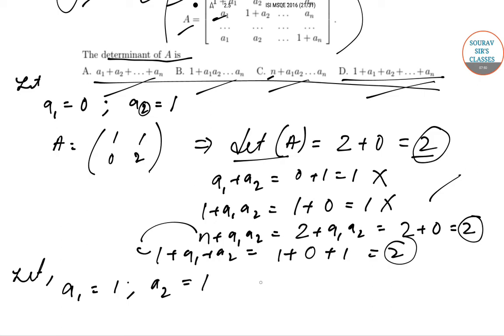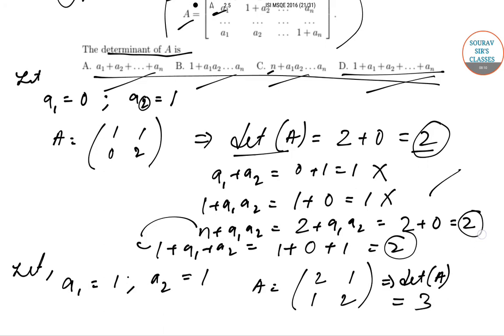In that case, the matrix A will be 1 plus A1 equal to 2, A2 equal to 1, A1 equal to 1, and 1 plus A2 will be again 2. In this case, the determinant of A will be equal to 2 into 2 is 4, 4 minus 1 is equal to 3. So the determinant of A is equal to 3.